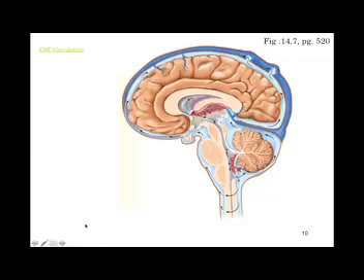All right, let's go ahead and watch. All right, so the cerebrospinal fluid is made by structures called the choroid plexus.